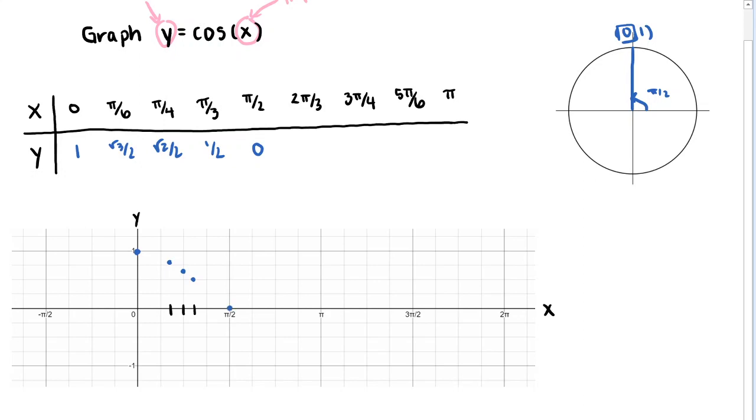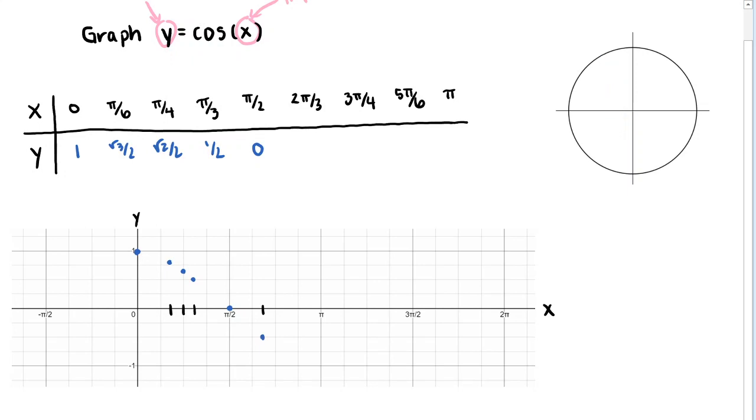Okay, so let's keep going. Here, if I plug in 2 pi over 3, we get another 30, 60, 90 triangle, and cosine is going to give us this length of -1/2. And so my 2 pi over 3 is roughly here, and my output of -1/2, that's here.